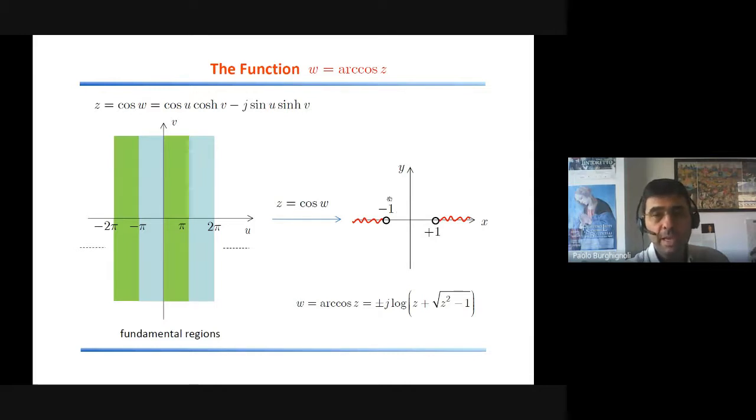If you cross any of those lines, you change Riemann sheet, and there are also in this case an infinite number of Riemann sheets. That is because the inverse cosine function is defined in terms of a logarithm function, and so for the same reason as the logarithm, it has an infinite number of sheets.